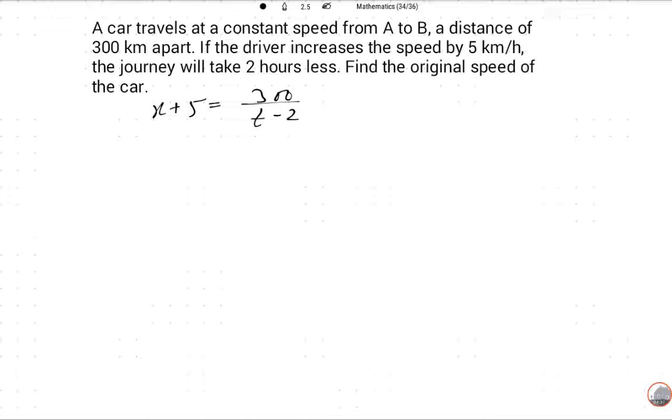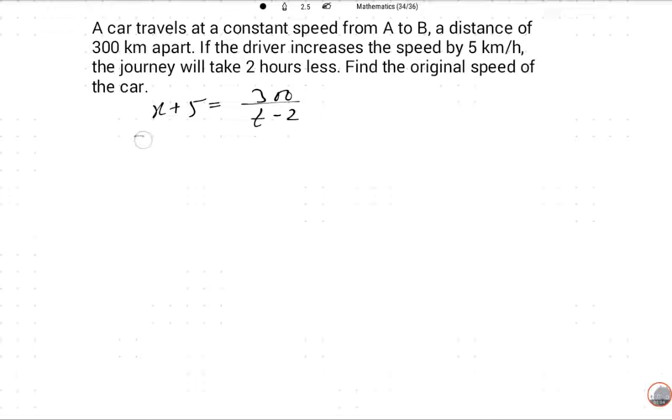So what is x? We are putting the value of x because two variables cannot be found at a time in one equation. So we are removing speed and we are finding out the answer with respect to time.